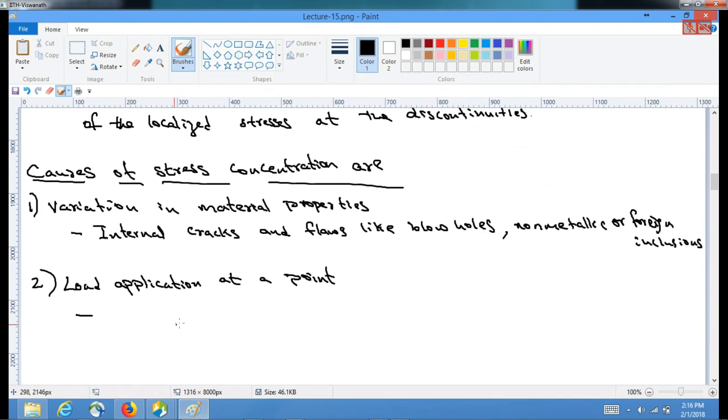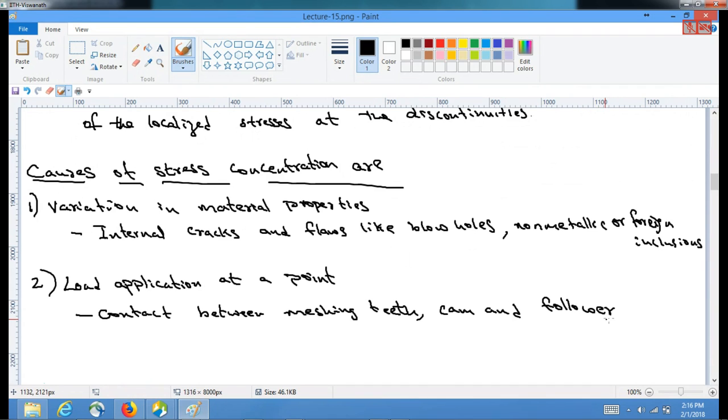And these things occur in places such as contact between meshing teeth, cam and follower, and balls and races in bearings.